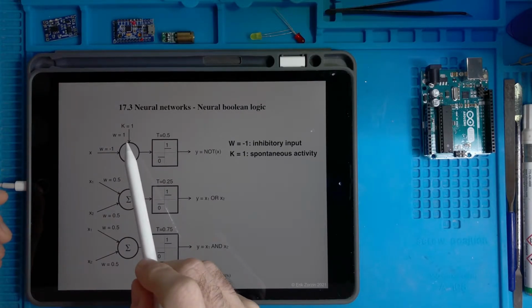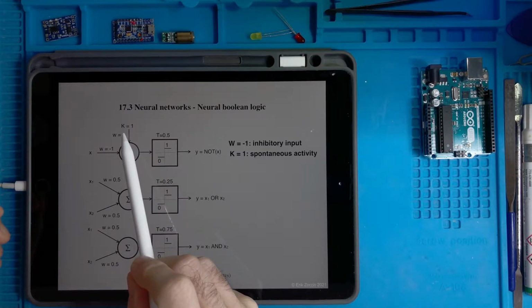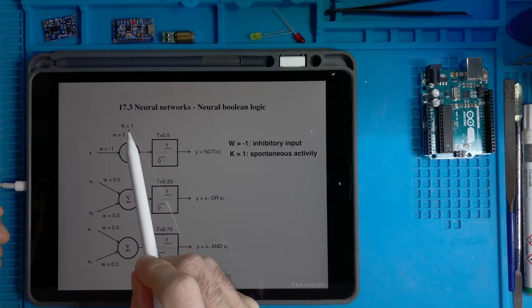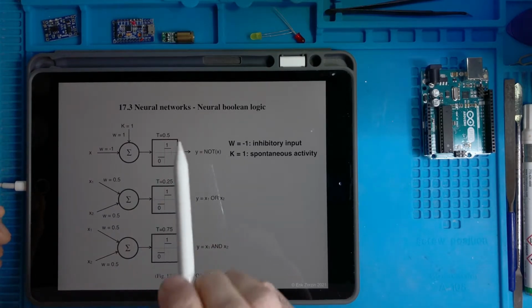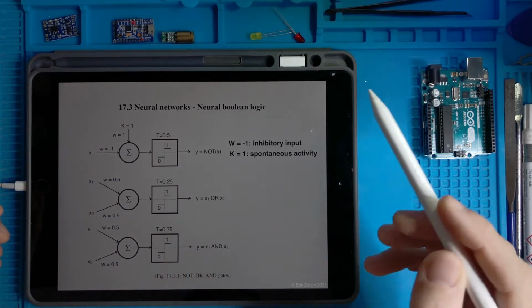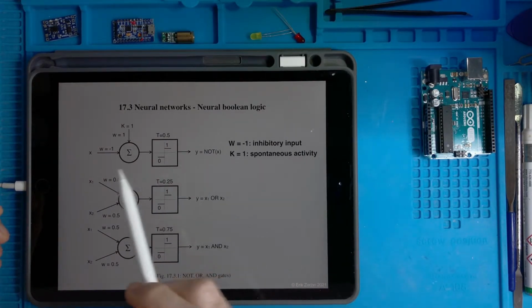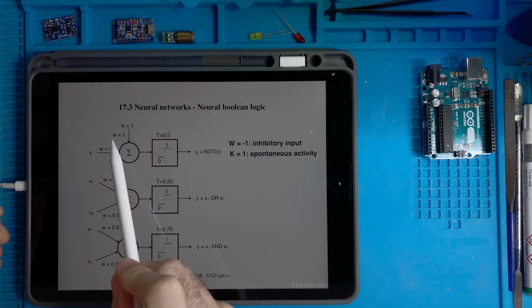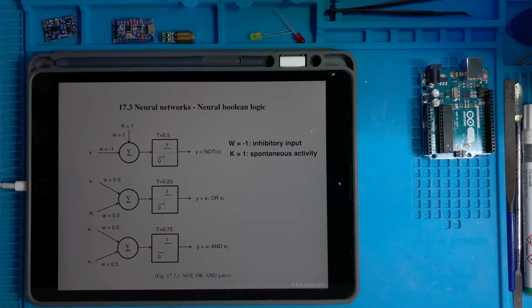And here we have another input with a constant value 1, so a train of pulses which is always like 1 1 1 1 1 1 1 1. So we call this a spontaneous activity, and a weight equal to 1 corresponding to this input.